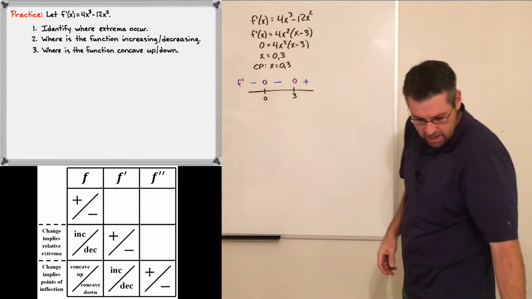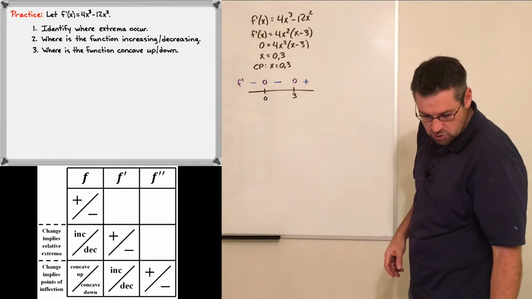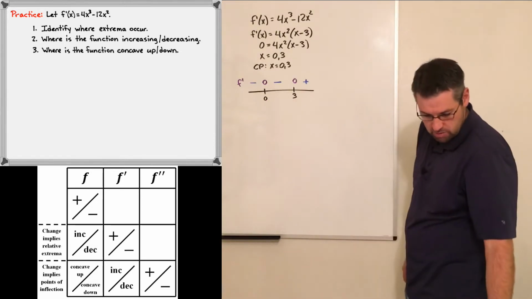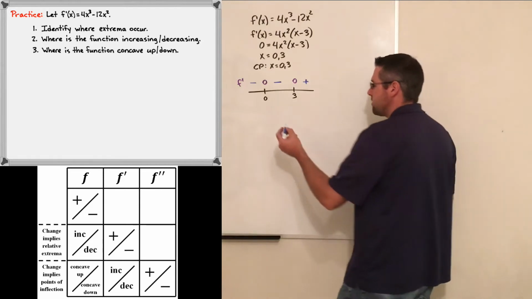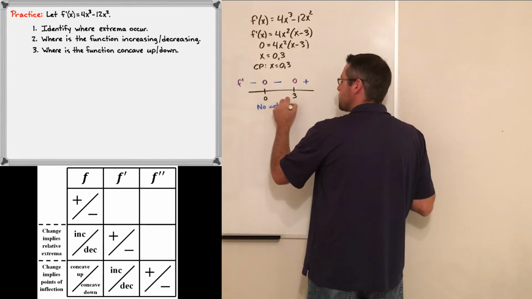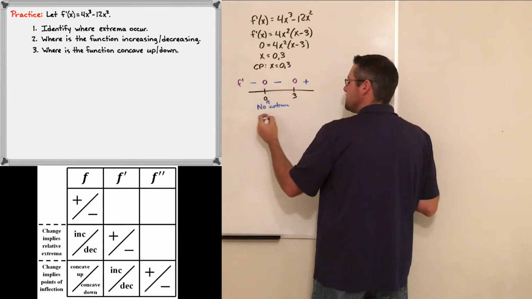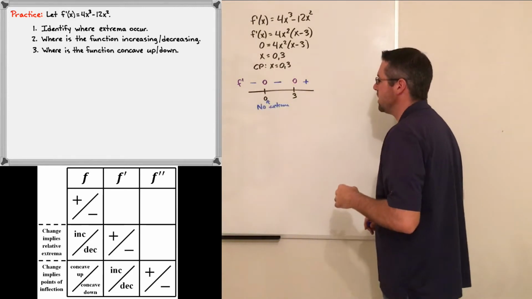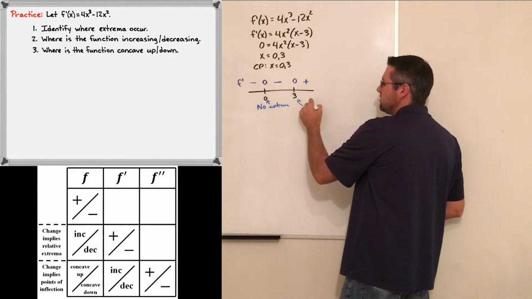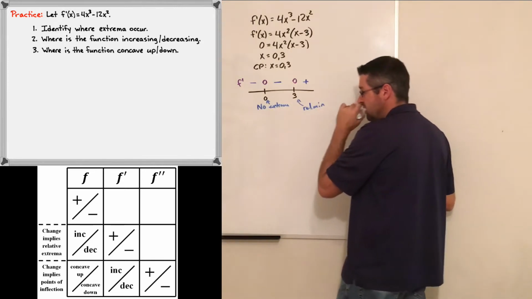So anyways, now we can identify where extrema occur. Remember, at 0, we don't have an extrema. We would say that there is no extrema here. And the reason there is no extrema when x equals 0 is because the derivative does not change signs. And then we can also say that there is a relative minimum at x equals 3, and we'll go ahead and justify this.